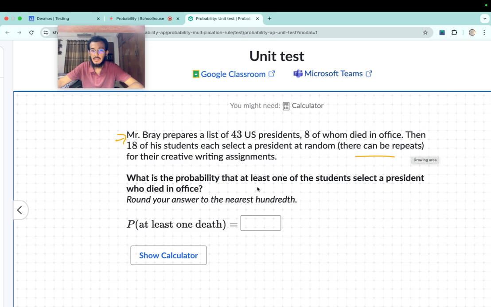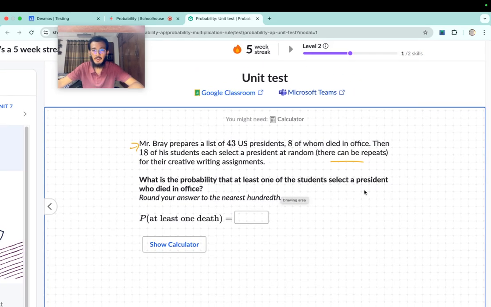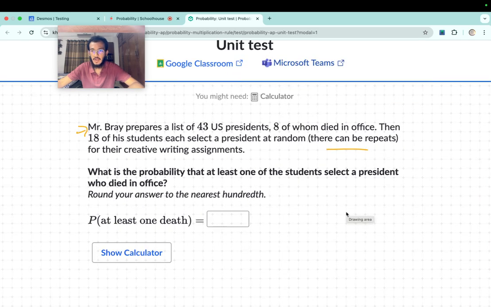Here, this question resembles the binomial distribution, where you have an experiment with a success. We represent that with x, and here our success is selecting a president who died in office. We use the letter p to denote the probability of success and q to denote the probability of failure.